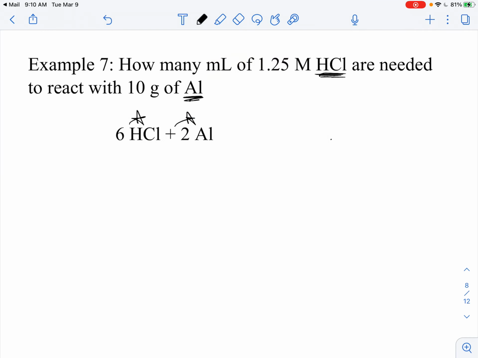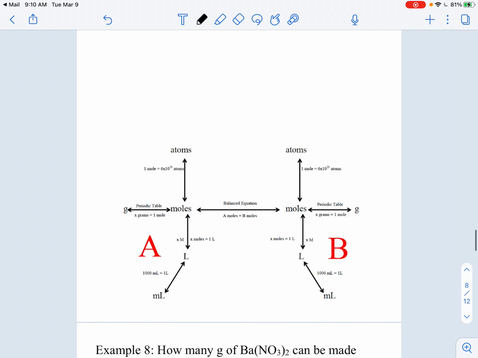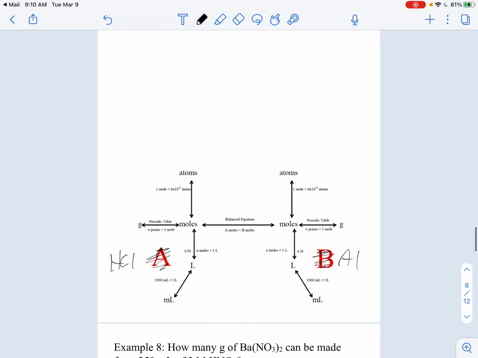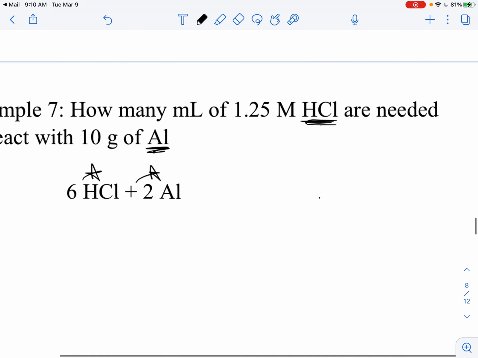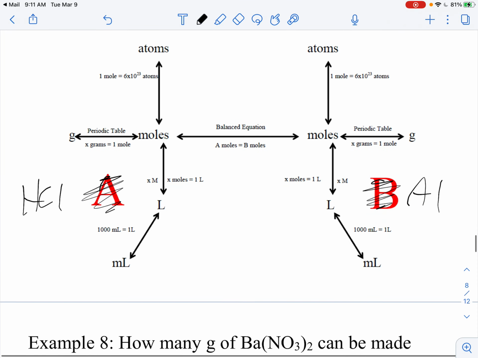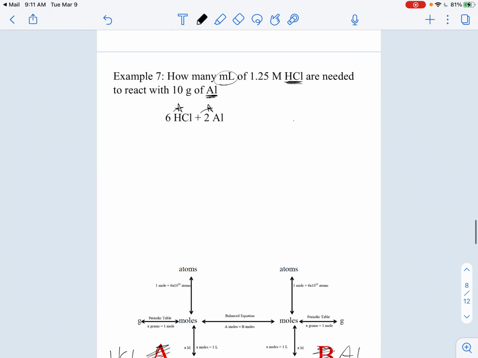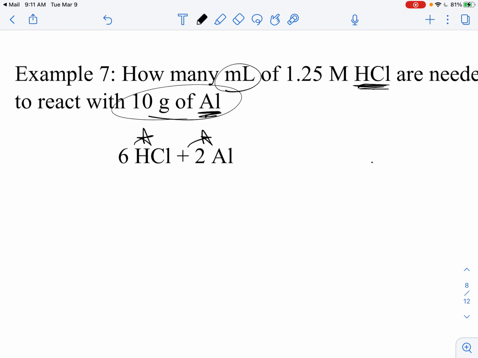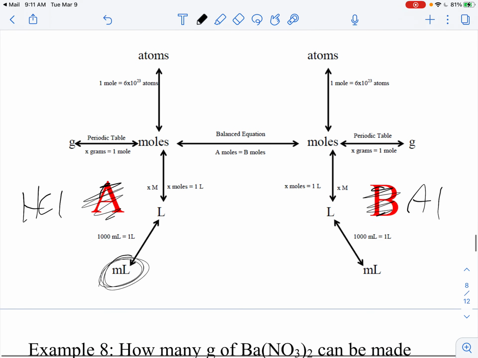Now, what is it that I asked you? If we go down to our mole map, one of these is HCl and one of these is aluminum. It does not matter which is which. But what did I give you? I want to know milliliters of the HCl, so milliliters down here. And then this is grams of the aluminum, so I want to know grams of the aluminum up here.